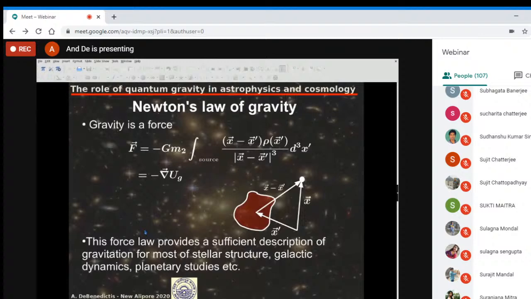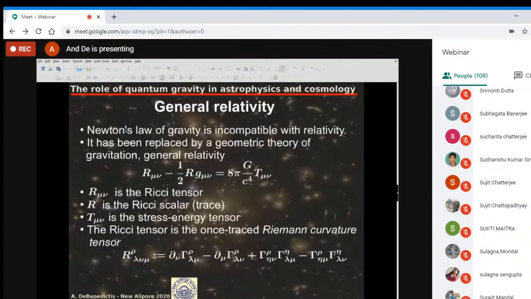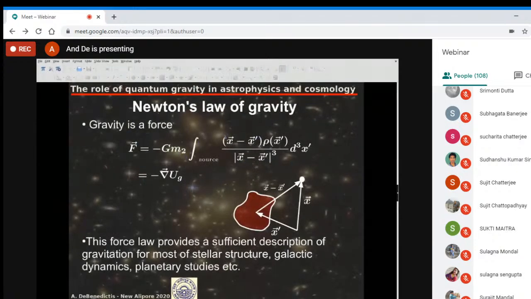First of all, let me do a very quick review of Newton's law of gravity, in which, as you know, in Newton's paradigm, gravity is just a regular force. Here is an expression for the force of a static gravitational field. You have the material here, you integrate over the source, and then this expression at the top gives you the force on the mass due to this distribution of material.